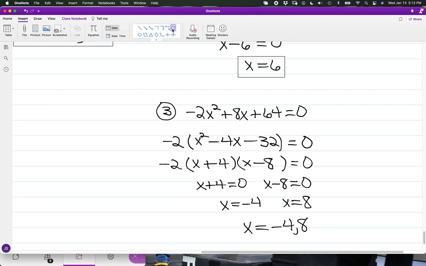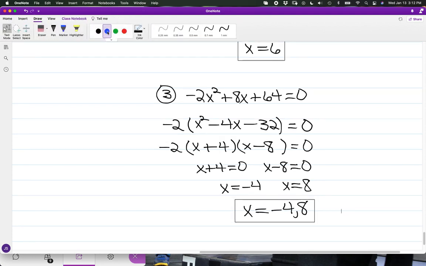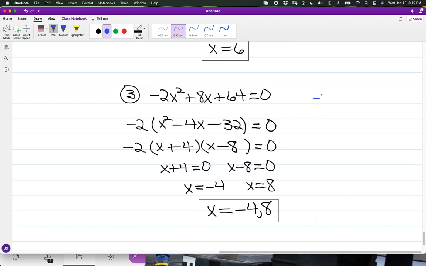And I'm just going to mention a slight reworking of this, just creating a very slightly different pathway.